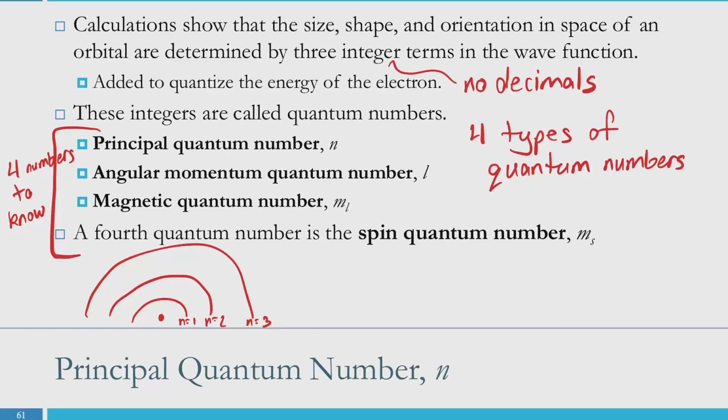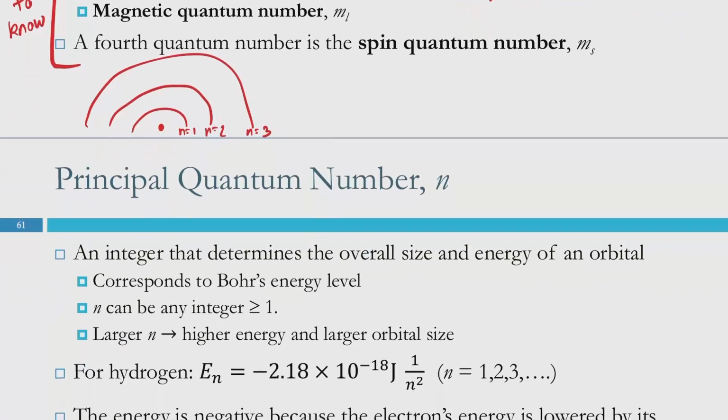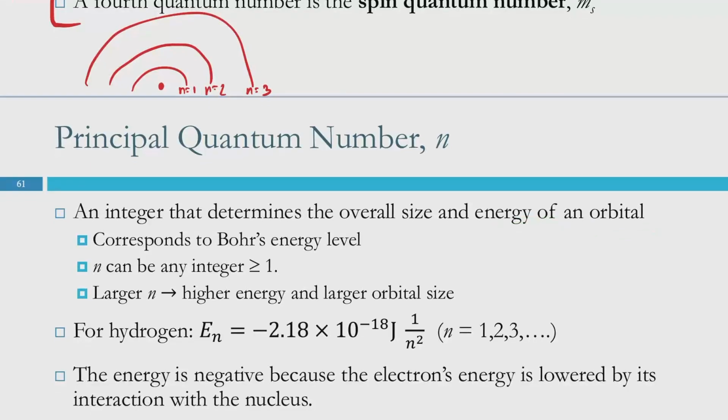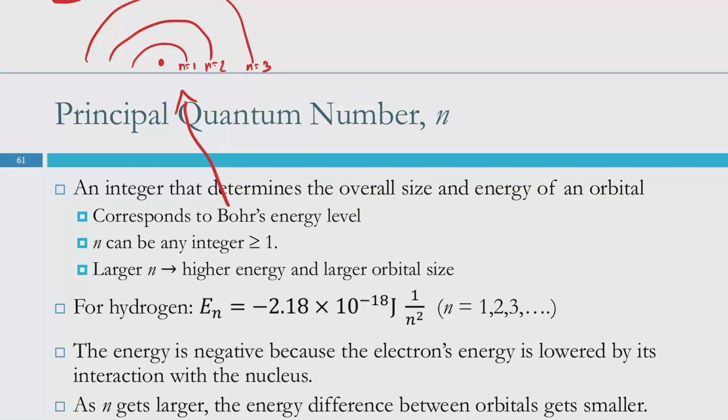Okay, so our principal quantum number, this is where we start. This is our first number. This is an integer that determines the overall size and the energy of an orbital. This is like Bohr's energy levels. We've got 1, that's our lowest energy, 2, more energy, 3, more energy than that.